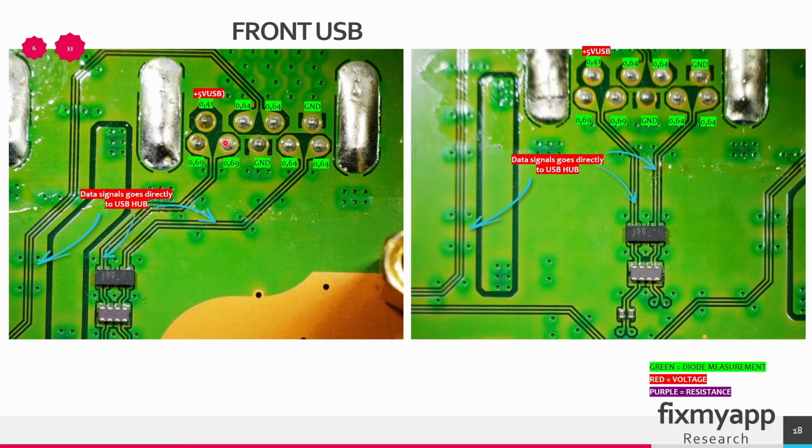Important here is to know that every data pair, so these two, and these two, the diode measurements should be the same. If one data line of this pair is different, so it reads a different diode measurement, then that could potentially indicate a problem, because the data pairs should be exactly the same.